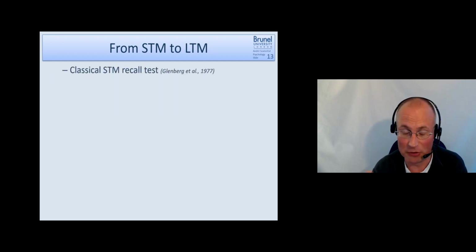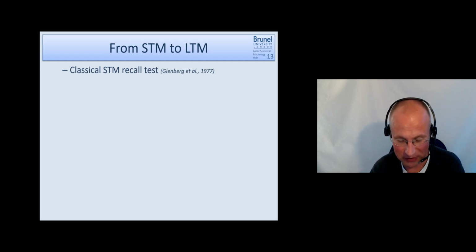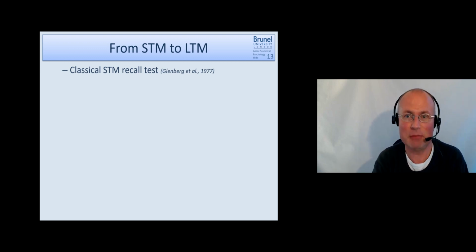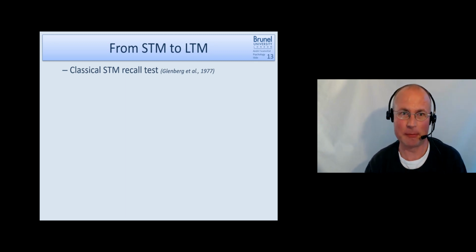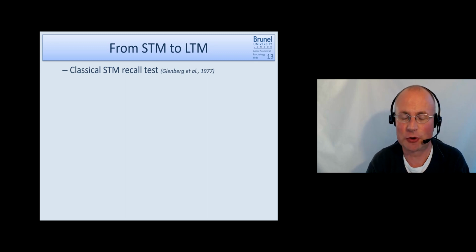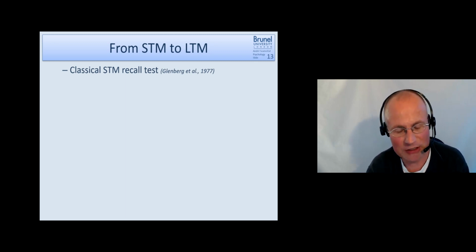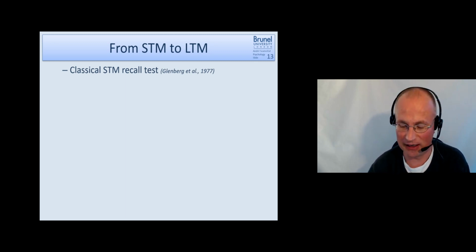So people investigated whether it's really rehearsal, what can be done here. And Glenberg in the late 1970s did a really nice study. He used a classical short-term memory recall test, as we talked about in the last week.